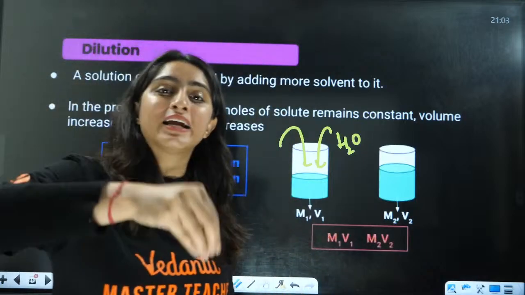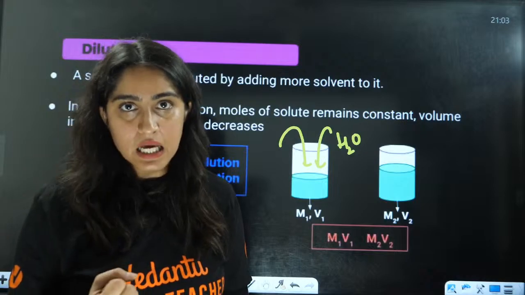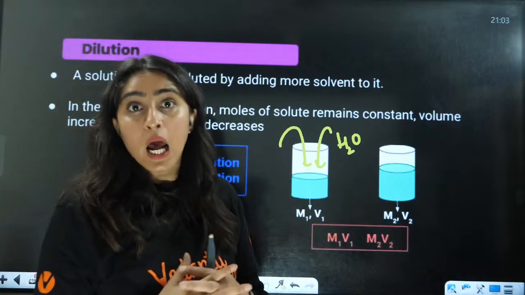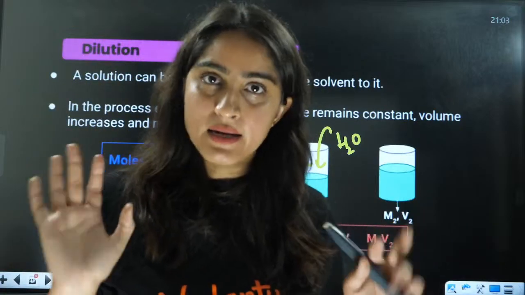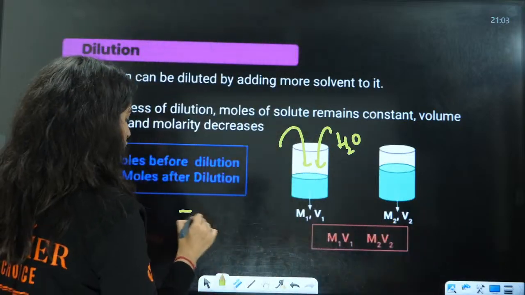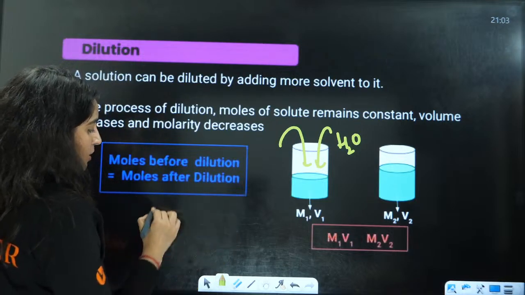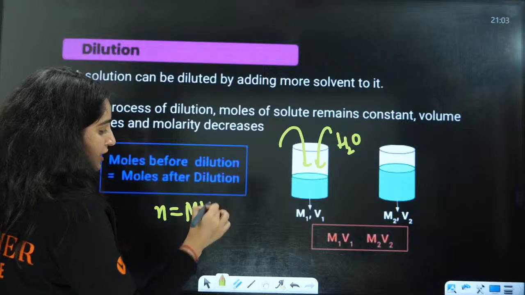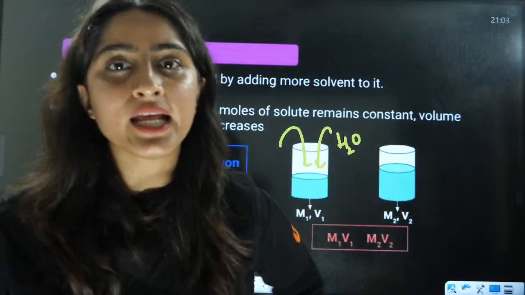But because of the addition of water, the total volume is going to increase. The volume will be different, but the number of moles of that solute is going to be the same. And as we know, molarity is equal to number of moles by volume. That means the number of moles is equal to molarity into volume.